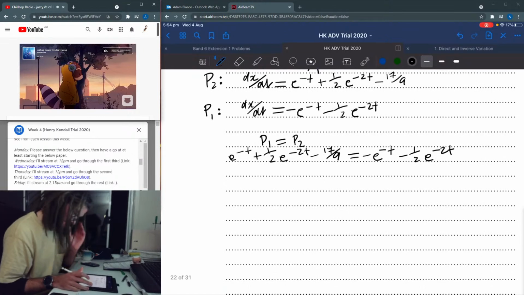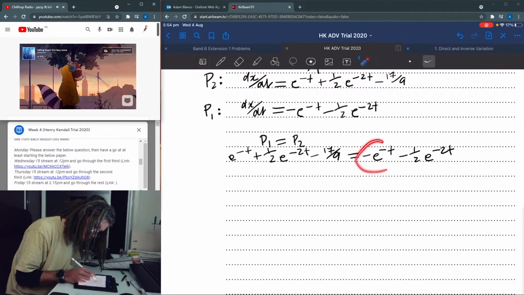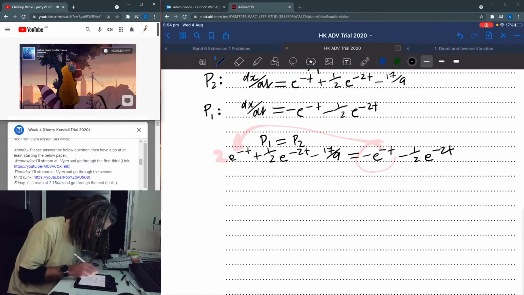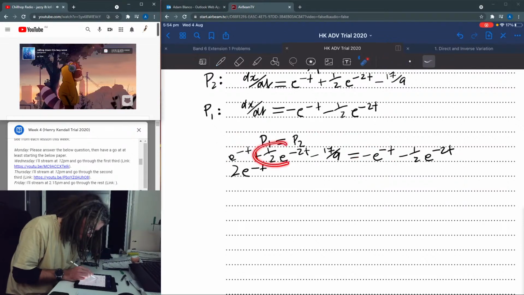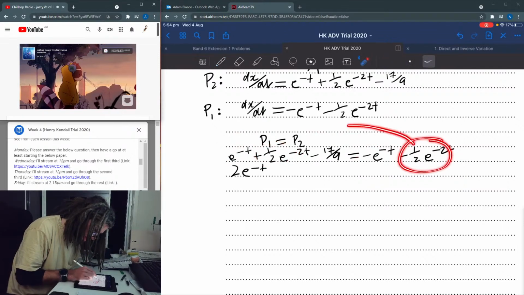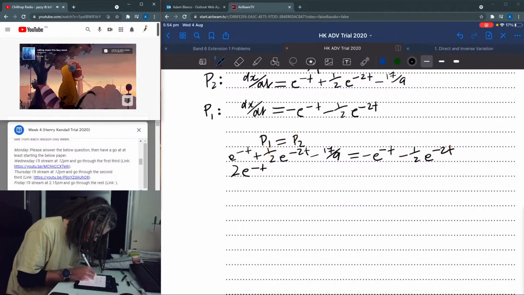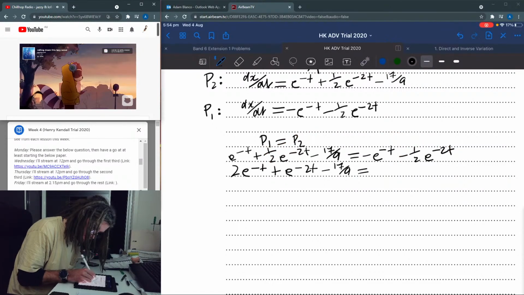Okay, let's get to simplifying. He's going over here and making a plus, which will make 2 of them. So 2e to the minus t. Then I'm going to move this guy over here, so that's going to make a plus, and that'll make a whole one. So that's plus e to the minus 2t, plus 2e to the minus t minus 17 on 9 equals 0.